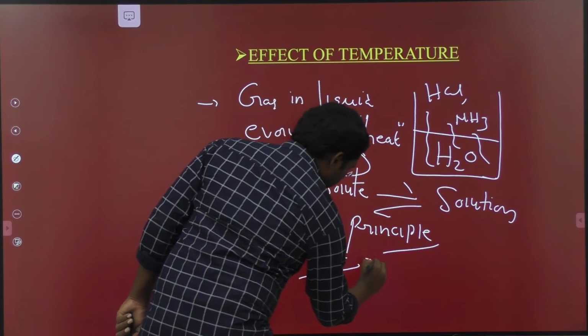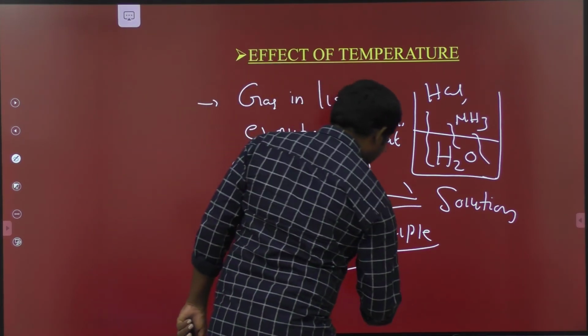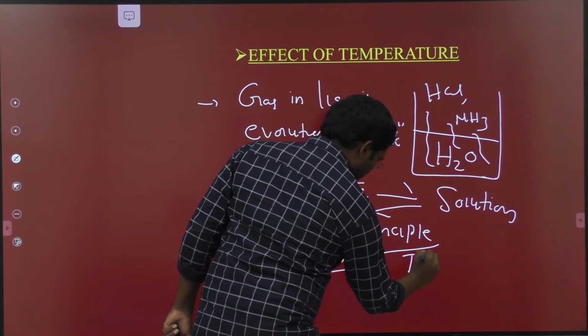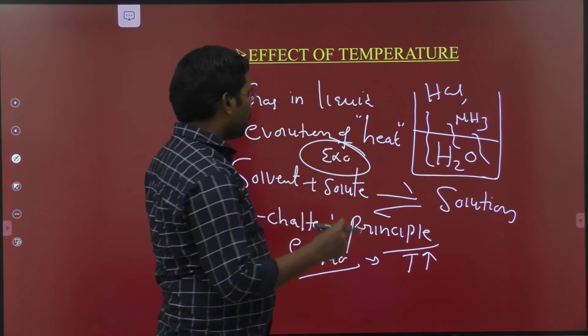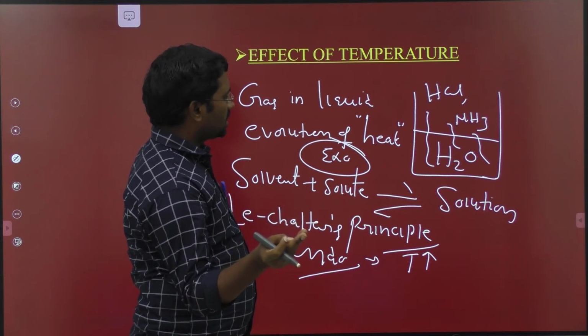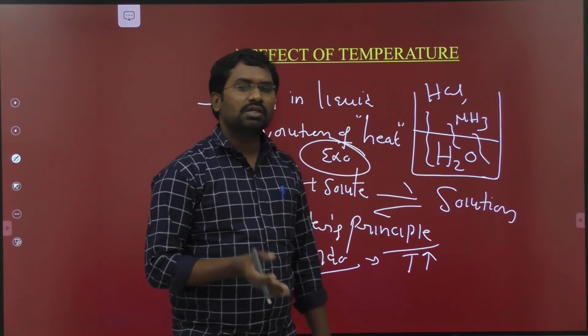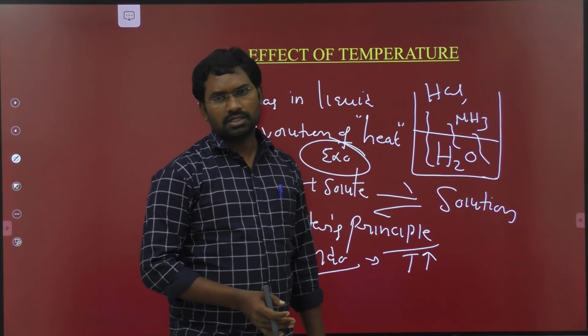So an endothermic reaction means it absorbs some heat, therefore the temperature increases. When we are heating, due to the temperature, the gases easily escape out. If the temperature increases, the solubility of the gas in liquid decreases. What is the reason?